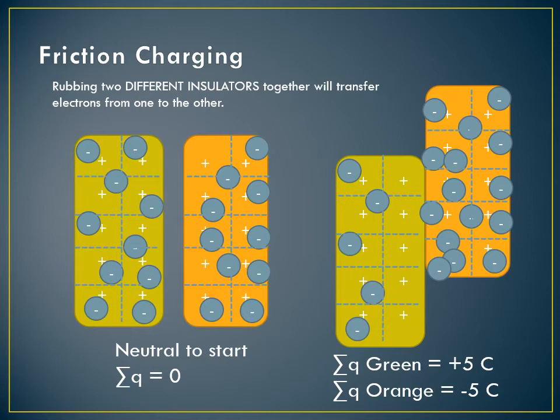When you look at the sigma charge of these systems, each started off neutral, and the green became positive 5 because it lost 5 electrons to the orange one. Meanwhile, the orange one became negative 5 coulombs because it gained the same 5 electrons. If you add these together, the system is still 0 coulombs. We're still practicing conservation of charge in the system as a whole.